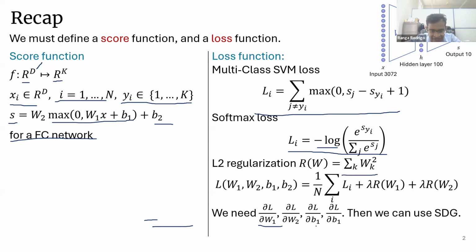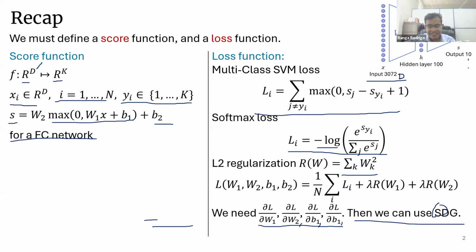But what we need is this: we need to compute the loss function's gradient with respect to W1, W2, b1, and b2. That's what we want. Then we can use stochastic gradient descent. Why stochastic? Because we use a batch, not all the training examples that we have. So if you have a network like this, 3072 like CIFAR-10, this is our D, right?